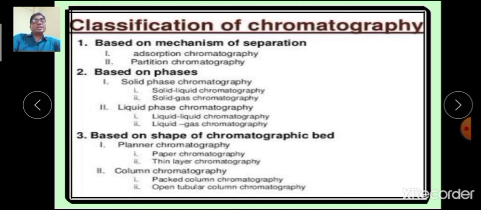The classification based on the phases. First, solid phase chromatography. Here, solid-liquid chromatography is the first variety and solid-gas chromatography is the other variety, where solid is the stationary phase, and liquid or gas is the mobile phase.